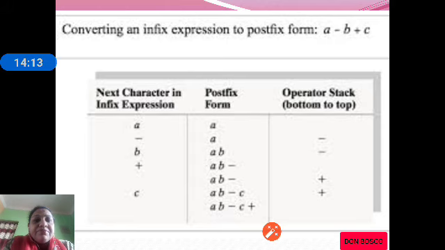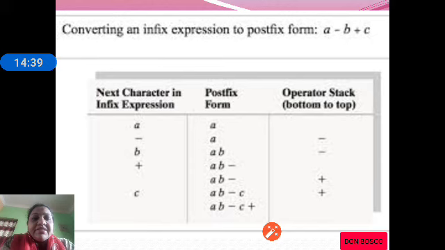As we have the first column, we will take each character and then we take the operator stack. Initially the stack is empty. The first character from the expression is A. If the scanned character is an operand, put it onto the postfix string.